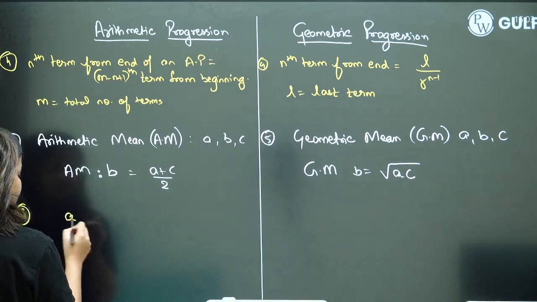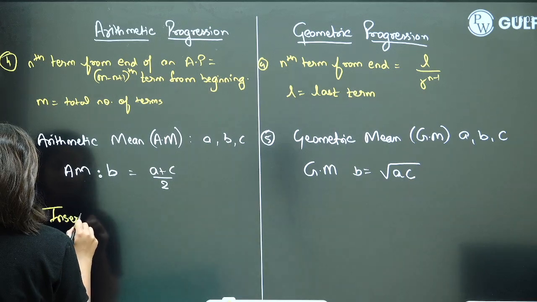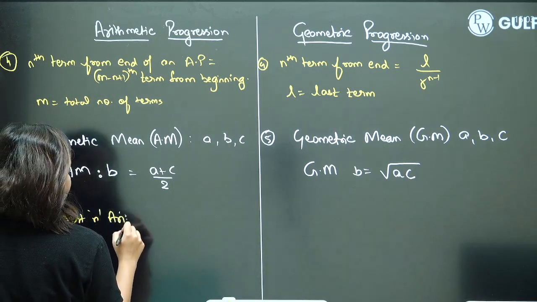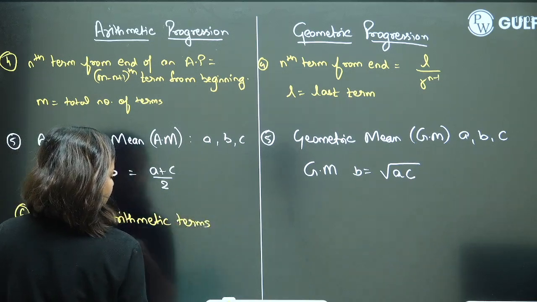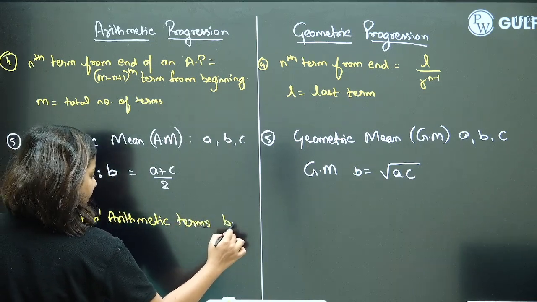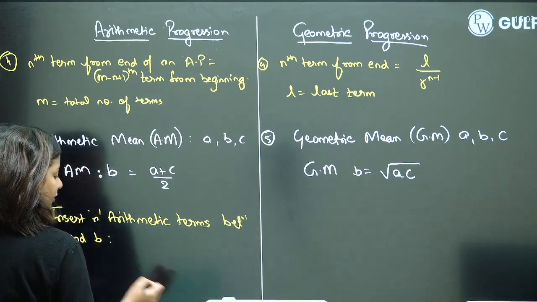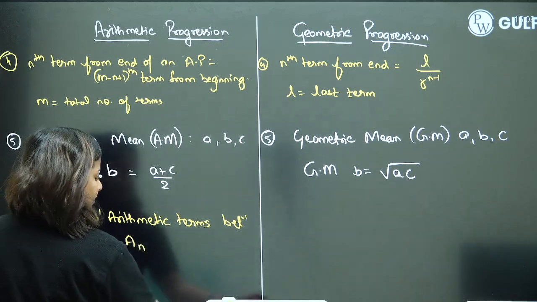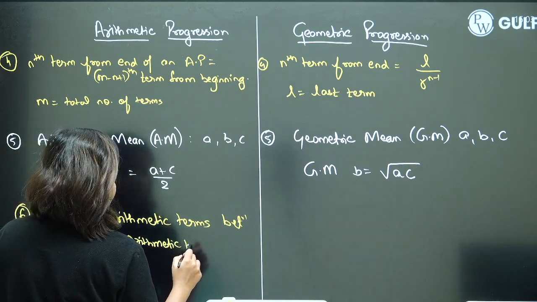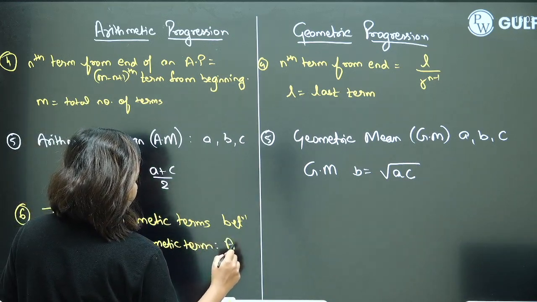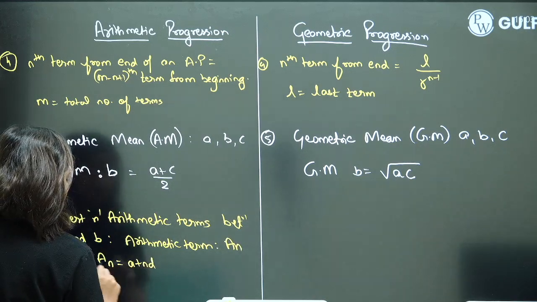If the first term is given, the last term is given, and you have to insert n arithmetic terms between A and B, then the formula for the arithmetic term An is given by A plus n into d.